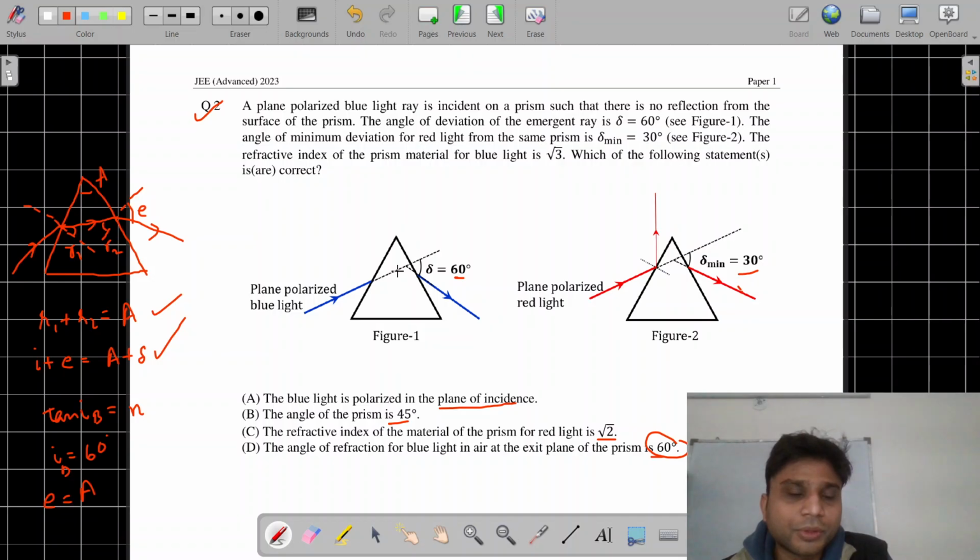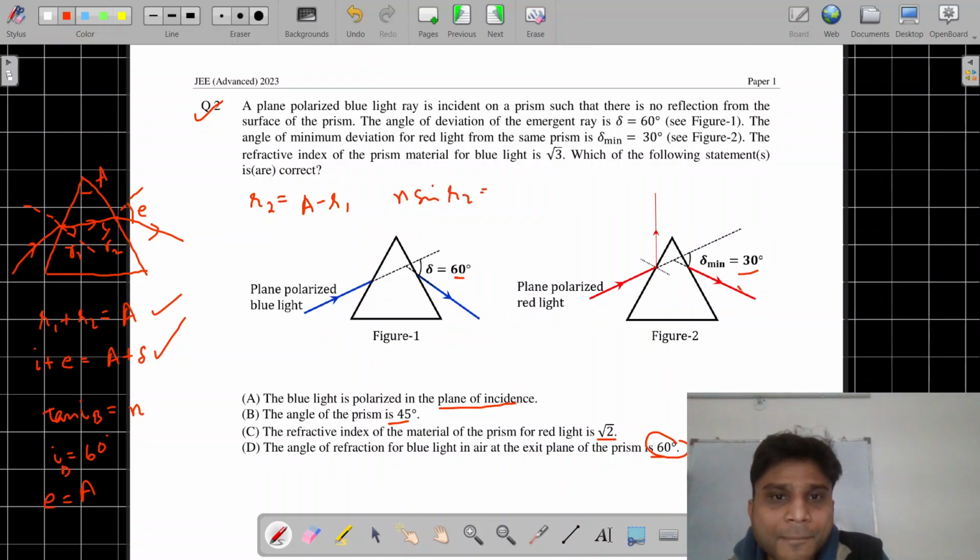Whereas we already know that the angle R2 is equal to A minus R1. So this implies that n sine R2 is equal to sine of angle of emergence. This is from Snell's law at the second surface, refractive index of the first medium into sine of angle of incidence at the internal medium.